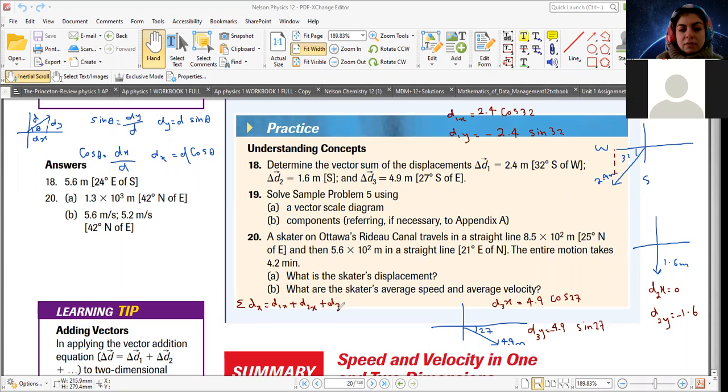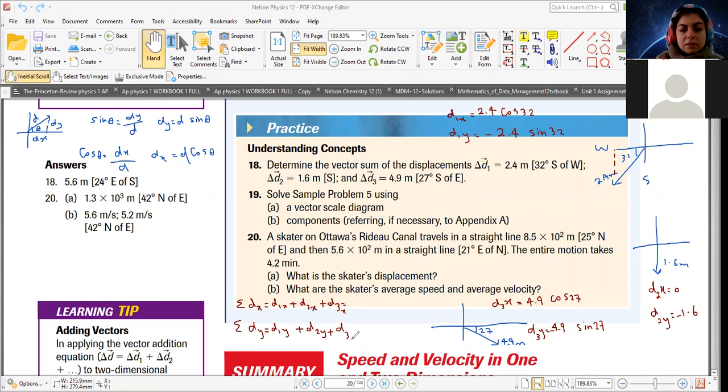I need to use a calculator to calculate those things. Also, I need to find the addition of all of dy: D1y plus D2y plus D3y.